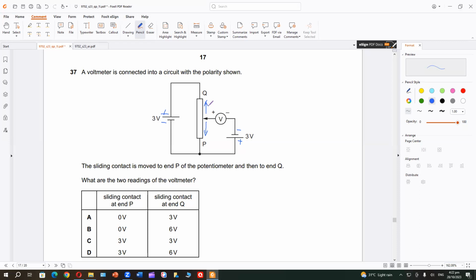Sliding contact at NP. When you reach position P, the resistor role is finished because you're not taking anything from the resistor. When the slider reaches here, you're not taking any part of the resistance. So at this position, it is 3 minus 3, because that's the only resistance. First you look from this position.